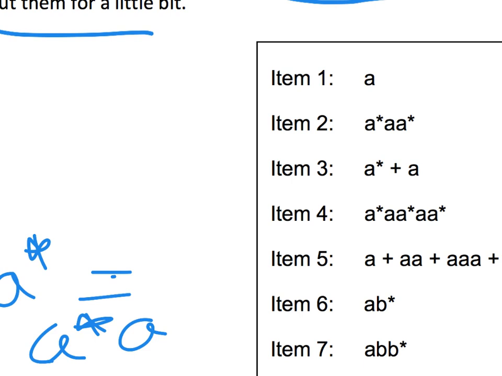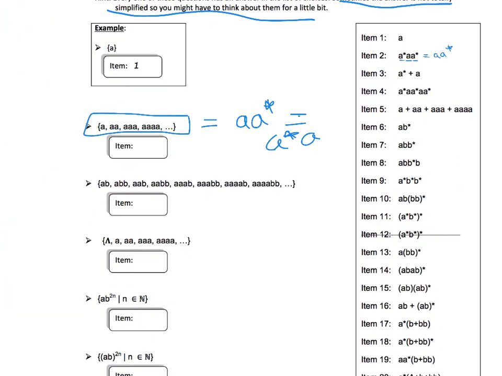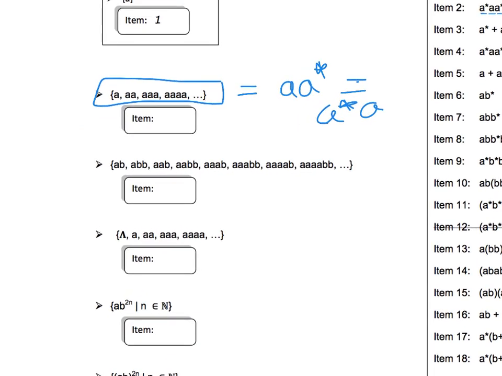So what does that say? It says 0 or more A's followed by 1 A followed by 0 or more A's, right? And that is actually an unsimplified version of A star A, right? So that's going to be our answer for this one, because it's forcing us to have 1 A, and then we can have 0 or more if we want.